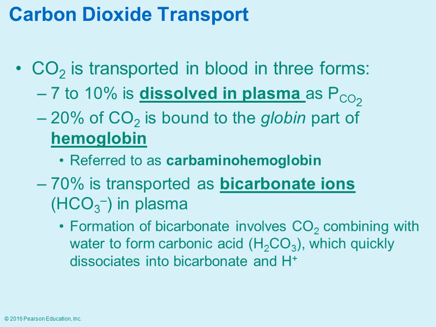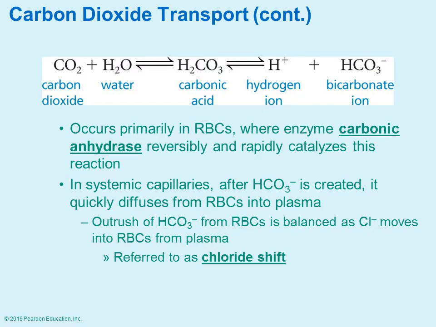Carbon dioxide can be transported in a couple of different forms. Some of it is dissolved in the plasma. Some of it will bind to the hemoglobin, but the majority of it is transported as bicarbonate ions. As you can see in this reaction, carbon dioxide in the blood will bind to water, forming carbonic acid.